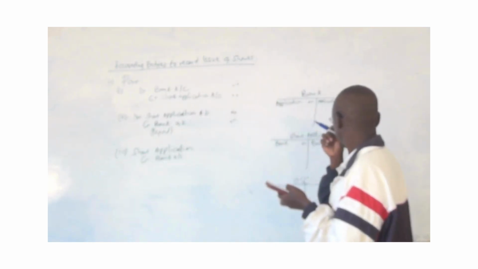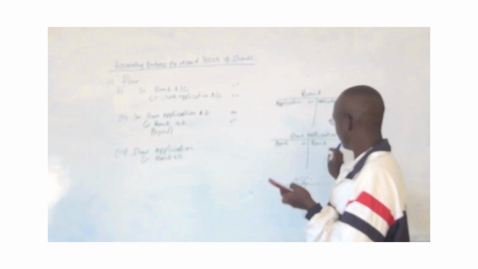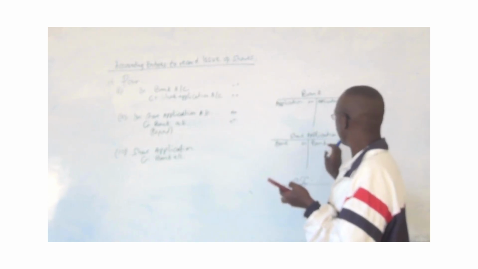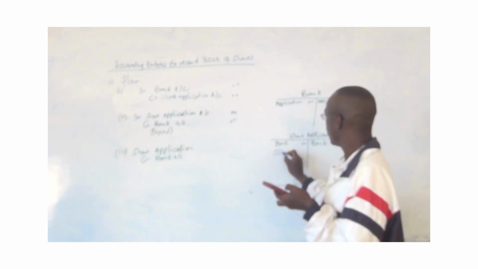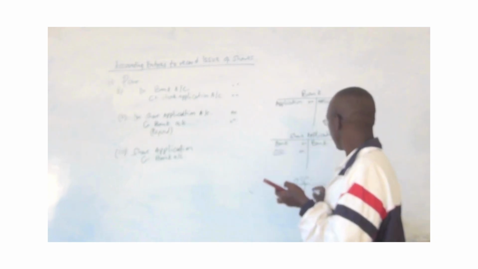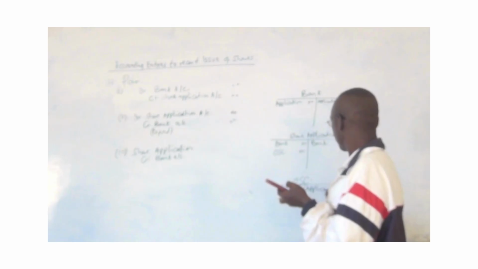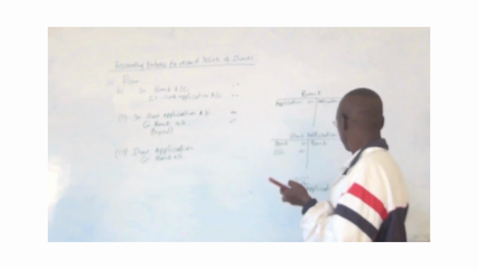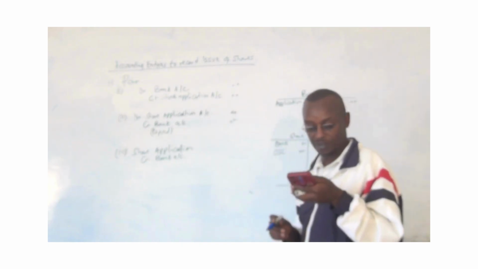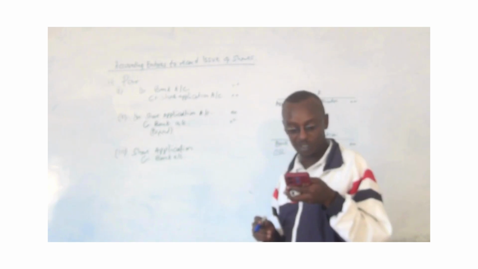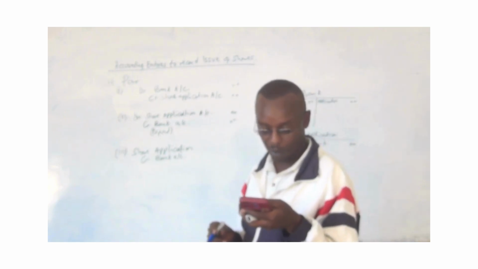So here, this account here, you're going to transfer this amount to ordinary share capital, and now the ordinary share capital here, we have that is when shares are issued at par.